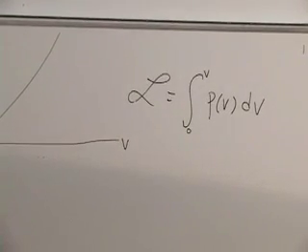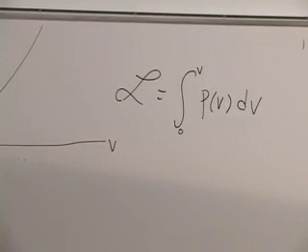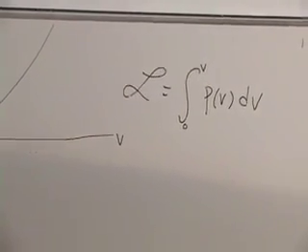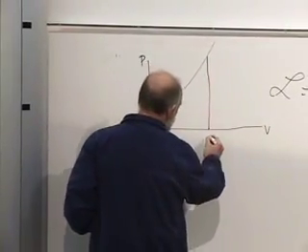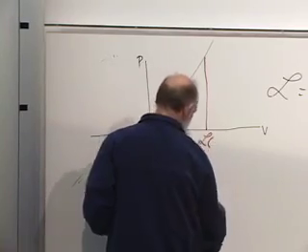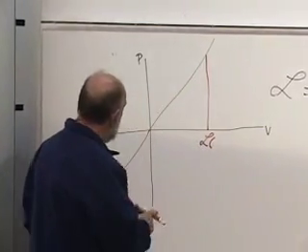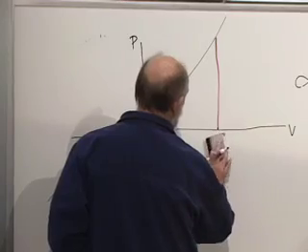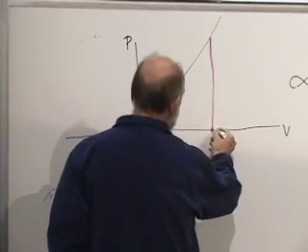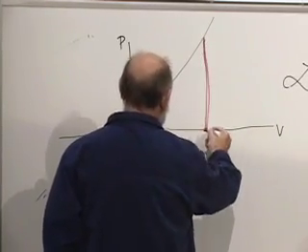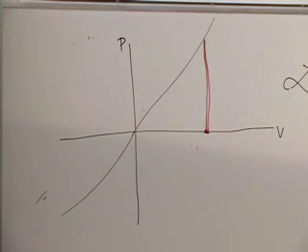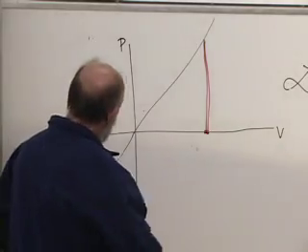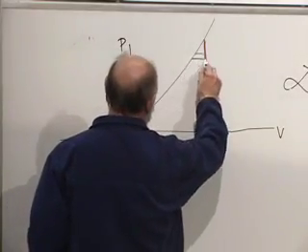All right, we can now draw a picture of what L means, at least on this graph. L of V is constructed in the following way. You go to your point V, you draw that line, and then you consider all the area underneath the curve here.